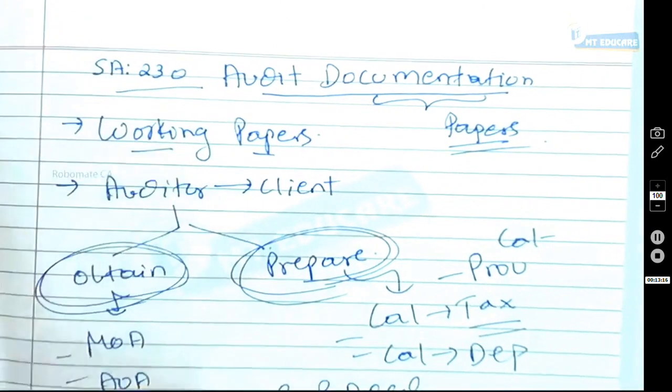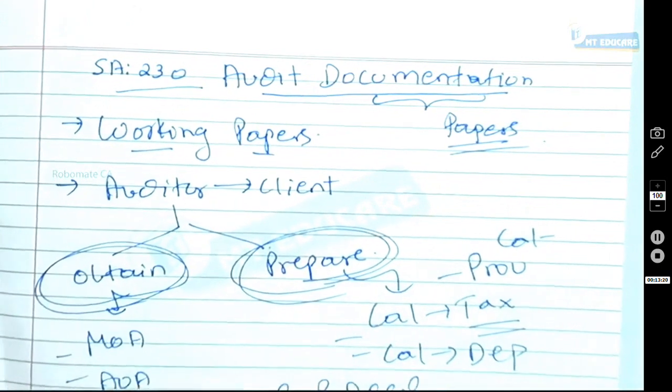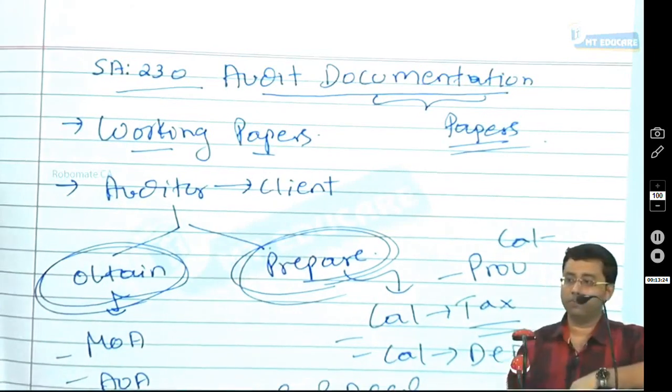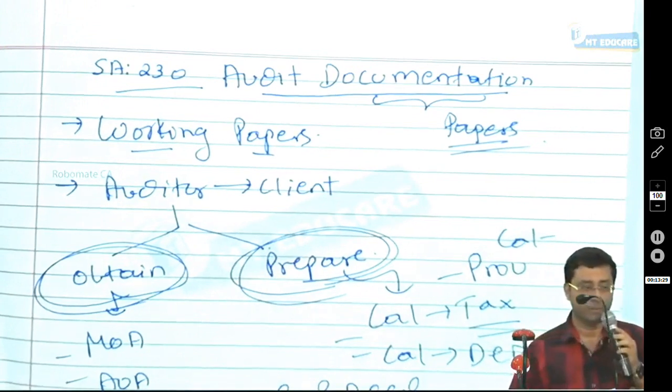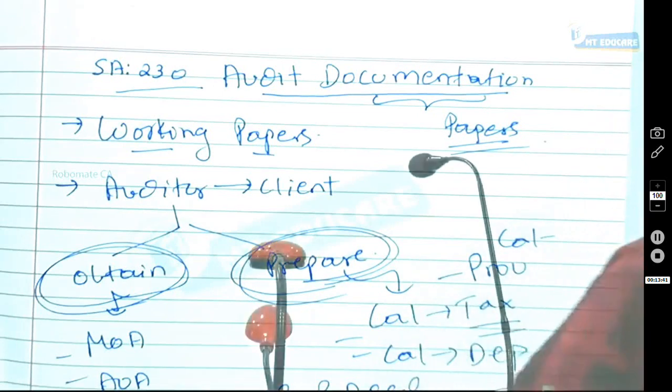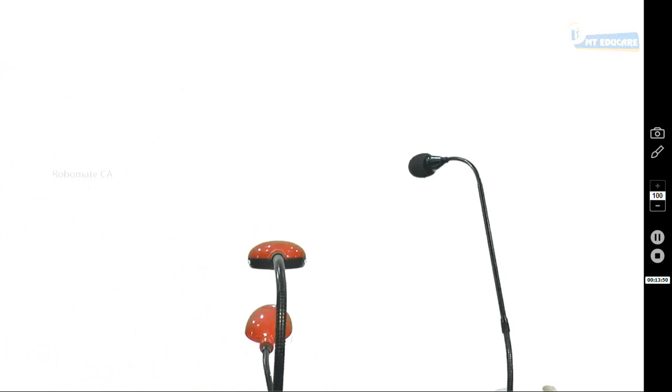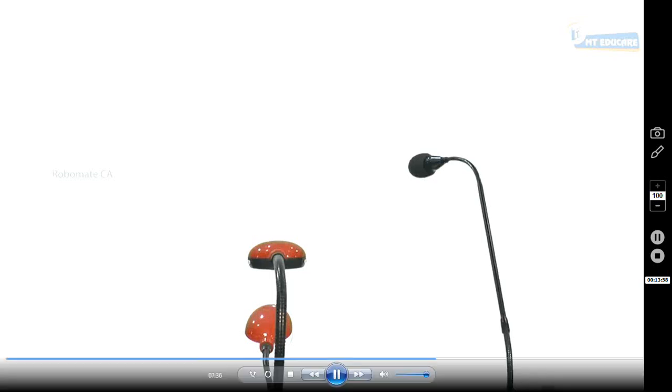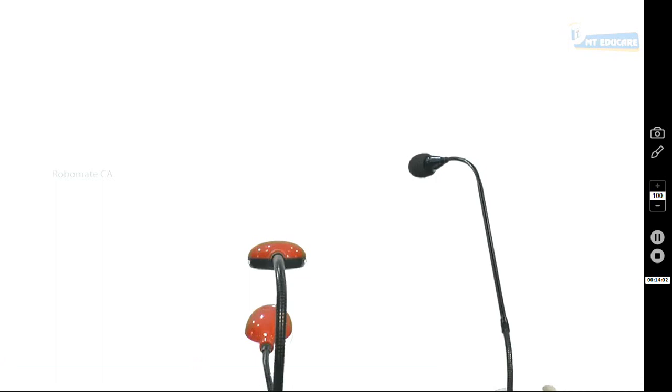Audit documentation means working papers which are prepared by an auditor and obtained by him in connection with the performance of his auditing. Full stop.